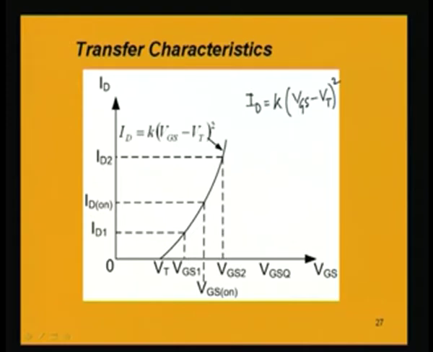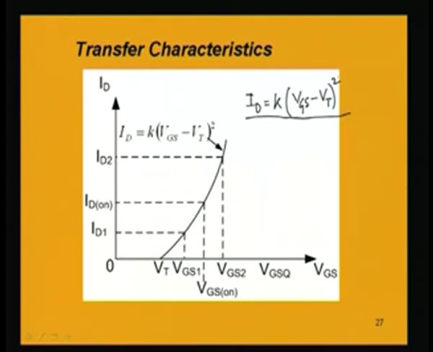So, now we have to fit the curve, which is the transfer characteristic, with the help of this equation. Now, mind it, this is not a straight line, it is a nonlinear equation, a square term is there. So, it is not enough to get only 2 points, just like we have drawn for the straight line.